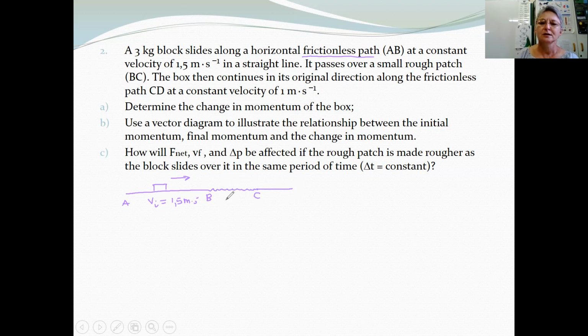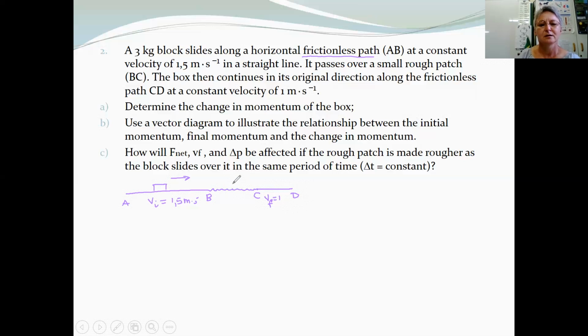The box then continues in its original direction along a frictionless path CD at a constant velocity of 1 meter per second. So this thing was slowed down a little bit. So the final velocity is 1 meter per second.